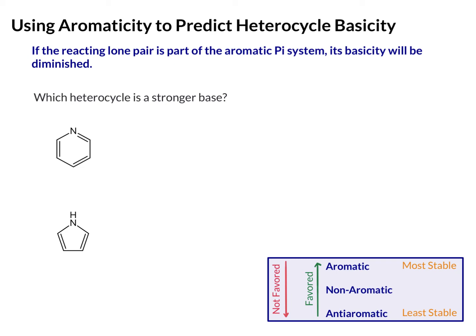has a lone pair. And in both cases, the lone pair can react with a proton. So if you put either of these in the presence of acid, that lone pair can react and protonate the compound.